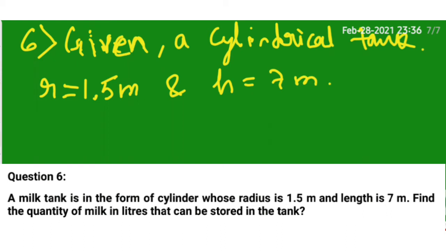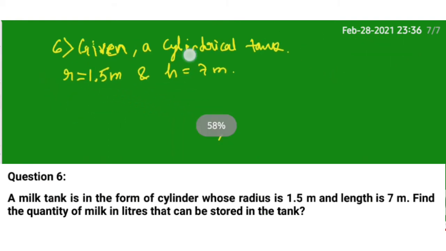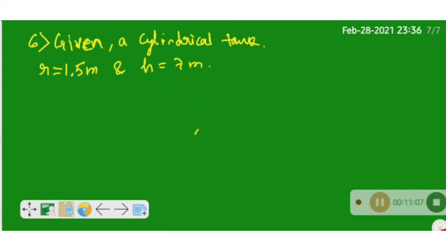We have to find the quantity of milk in liters that can be stored in the tank. So milk in liters we have to give. Okay, how many liters of milk it can hold. So first of all, if you observe, the dimensions are in meter. So when you find the volume, you can find the volume in meter cube, that you have to convert in liters. First we'll find the volume here.